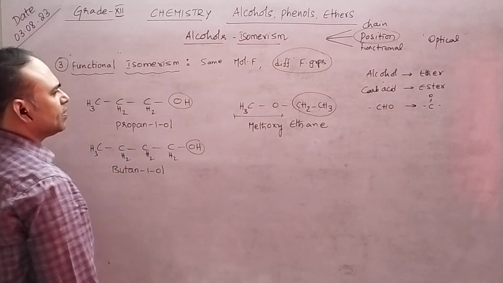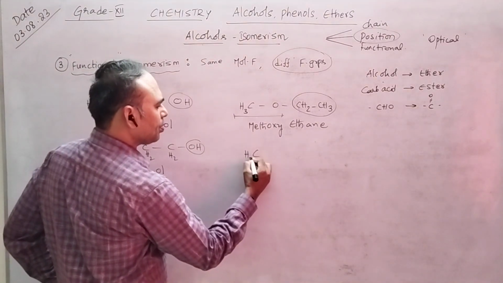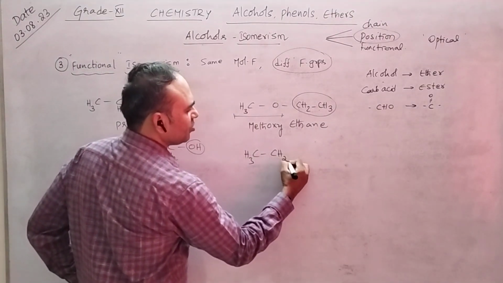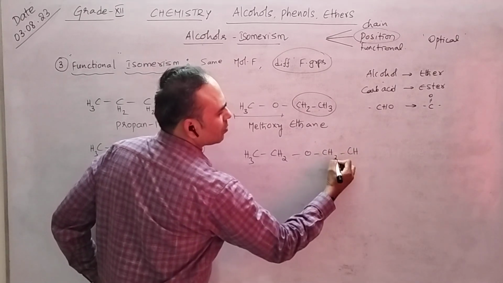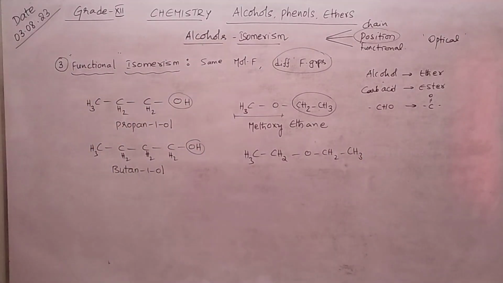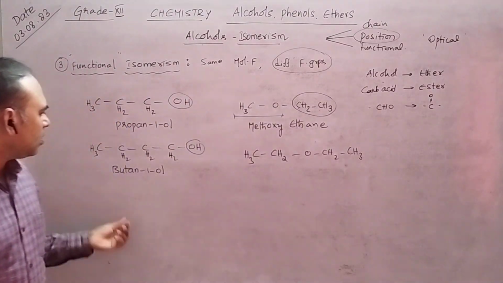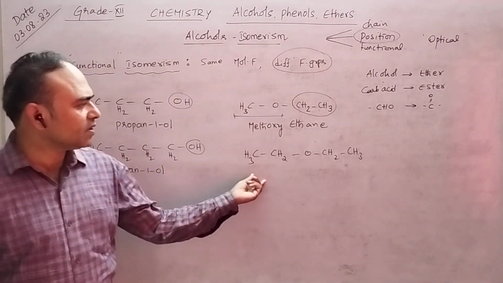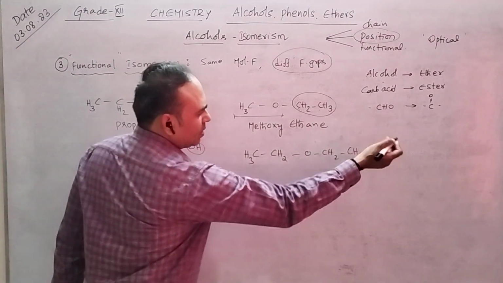Now coming to the next one, so we will take it as 4. So let us write like this: CH3 CH2 O CH2 CH3. Hope you have understood this, because in the first case you have 3 carbons, we have written 1 and 2. Here you are having 4 carbons, so you write it as 2 and 2, or 1 and 3 also.